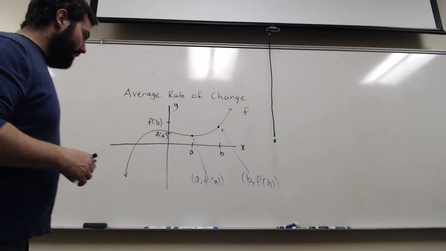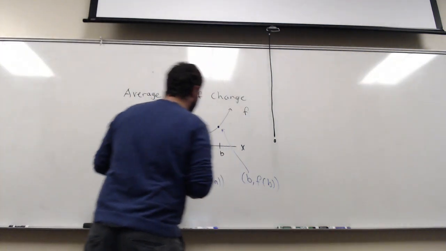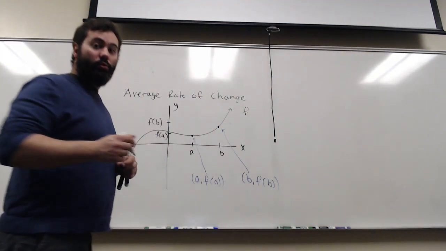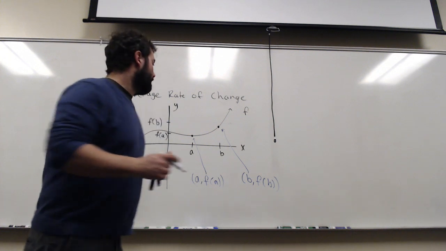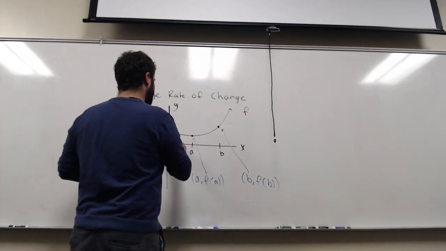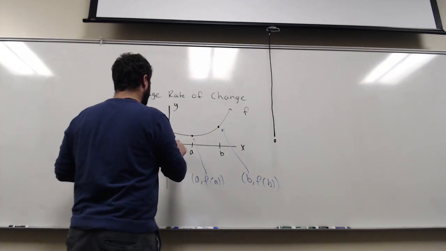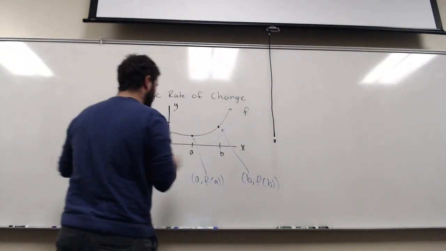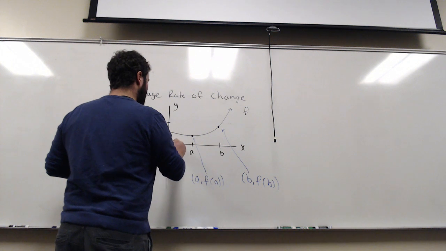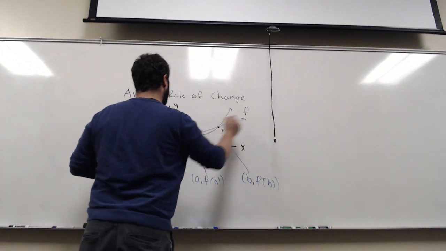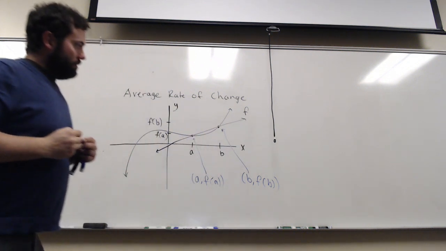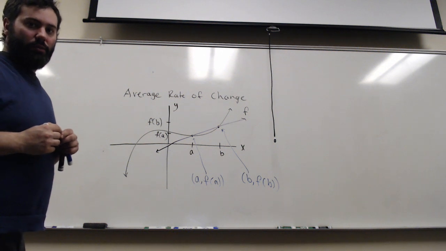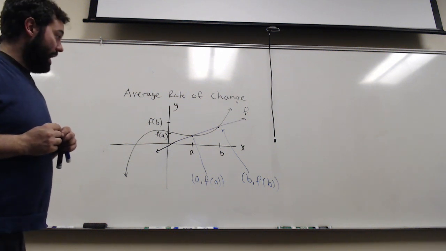And then the next thing you're going to do is consider the line between these two points on the graph. So I'll draw a line. Let me make sure I have a marker that's vivid. There's the line between those two points on the graph of f.